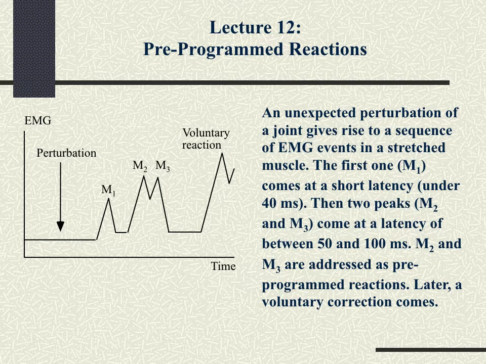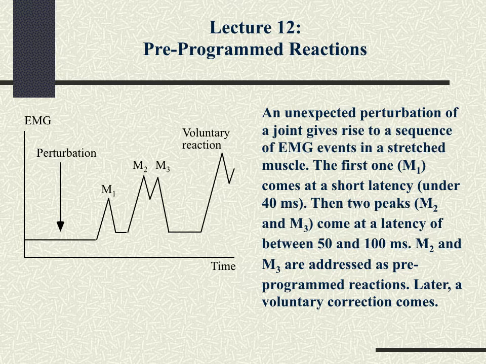One of the most common procedures for eliciting a pre-programmed reaction is as follows. The subject maintains a constant position in a joint with a steady muscle contraction against an external load. For example, they're saying a load provided by a motor, which is a common piece of equipment in some motor control labs.